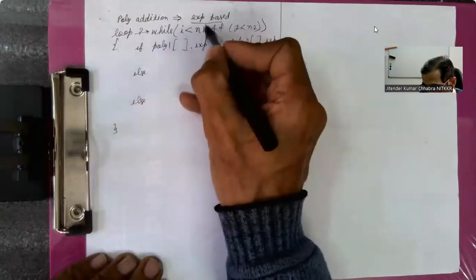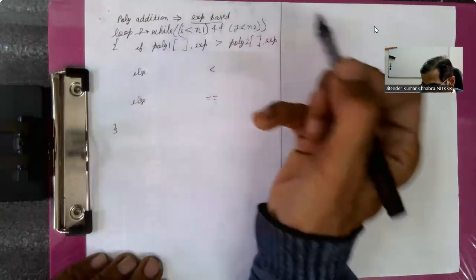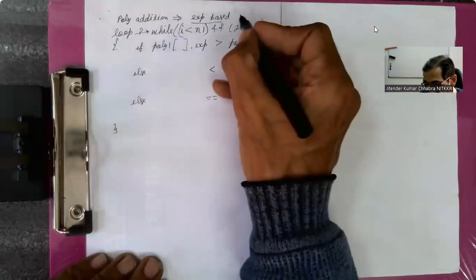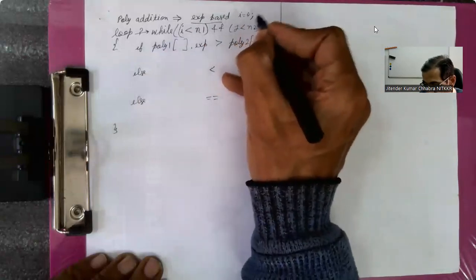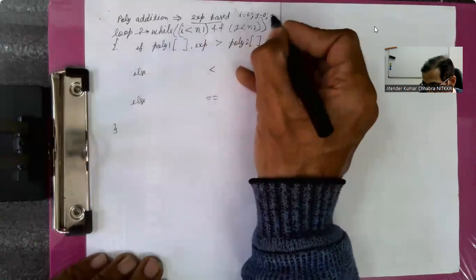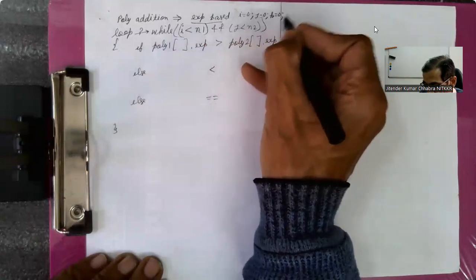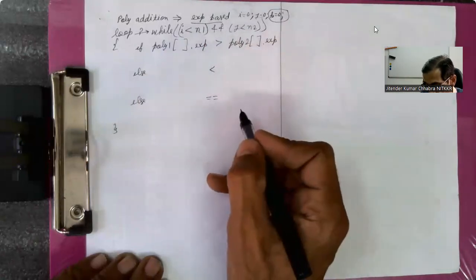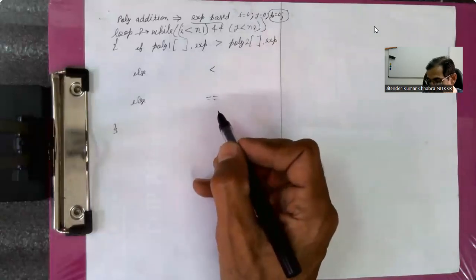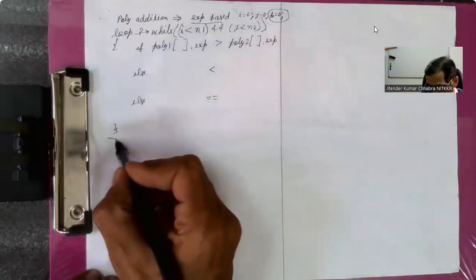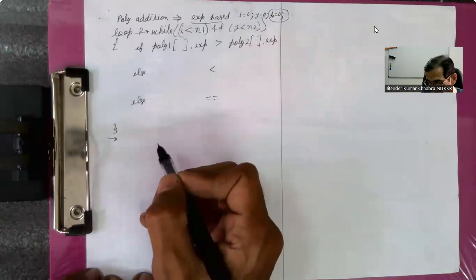That will mean both i and j are within range. Obviously I have to do i equal to 0, j equal to 0, and similarly k for poly k, and accordingly i plus plus, j plus plus, k plus plus etc. to be done, and remaining terms to be copied here.